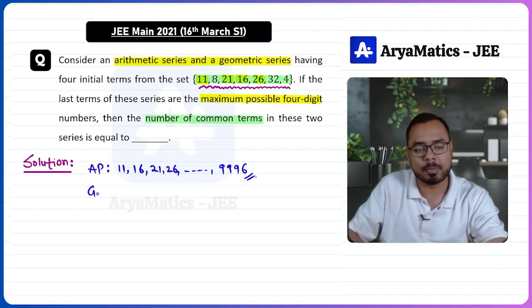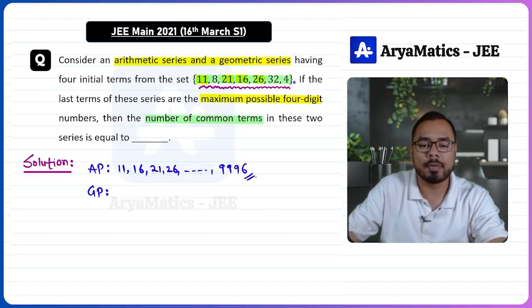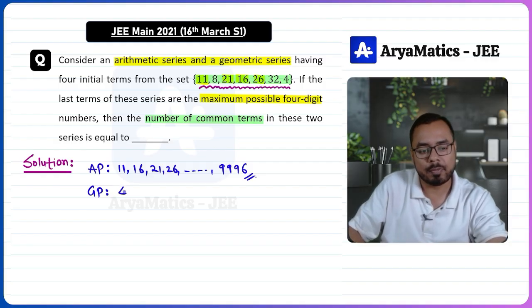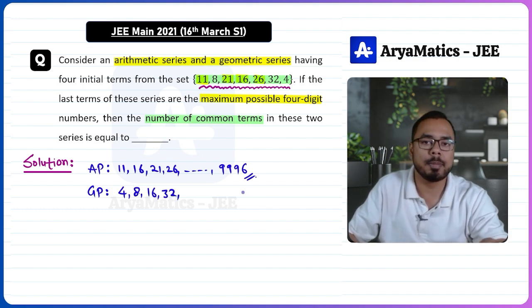Now, if I talk about the geometric progression, again, it is not difficult to find the GP also. 4, 8, then you have 16 and 32, right? This will form the GP. So we have 4, then we have 8, 16 and 32. And again, the last number will be the maximum possible four-digit number.